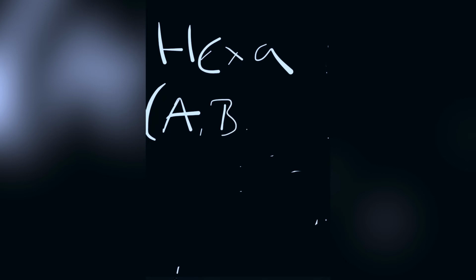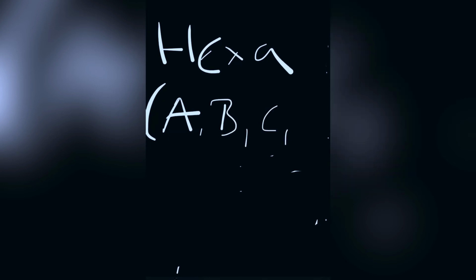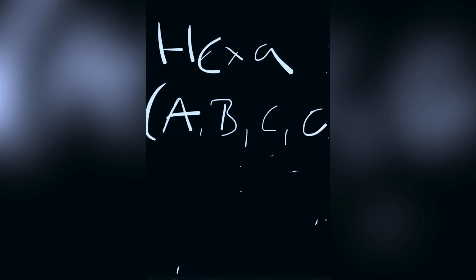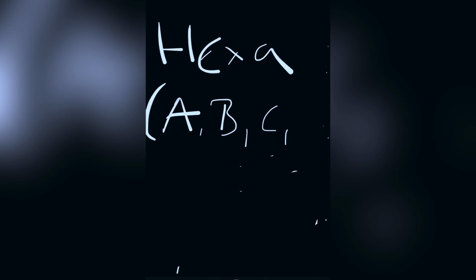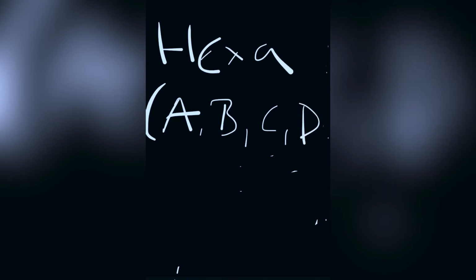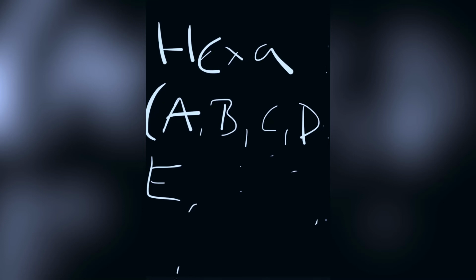Then remember we said hexa. If someone talks about hexa, what should come into your mind is letters. Hexa is written as letters, 6 letters. So let's remember hexa is letters. That is A, B, C, D, E, and F, making them the letters of hexa.